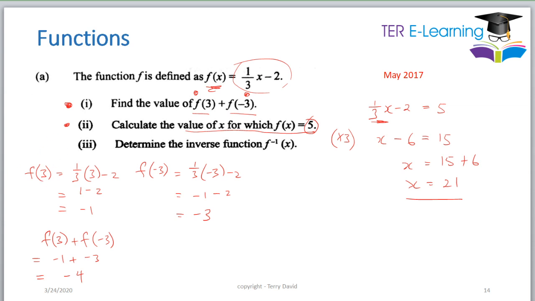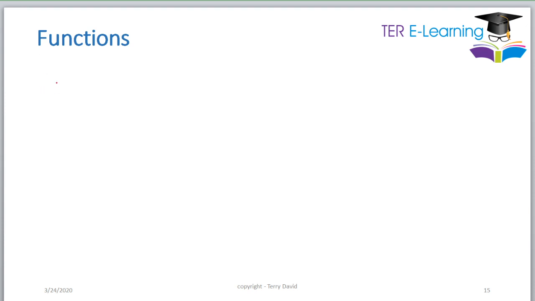So f of x is equal to 1/3 x minus 2. Right? That's our function. And the question wants to find f inverse of x, the inverse function. So let's go through these steps.